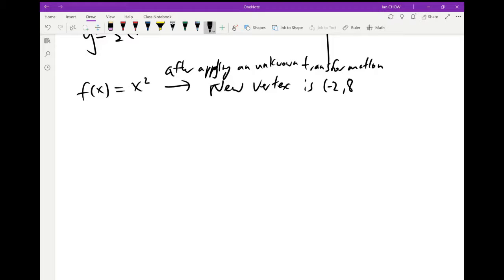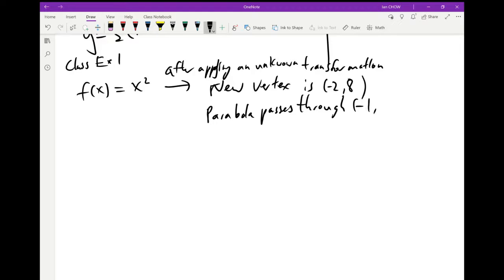This is going to be class example 1. So after applying the transformation, our new vertex is negative 2, 8, and the parabola also passes through the point negative 1, 7.